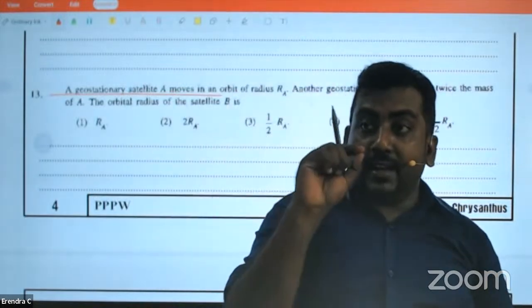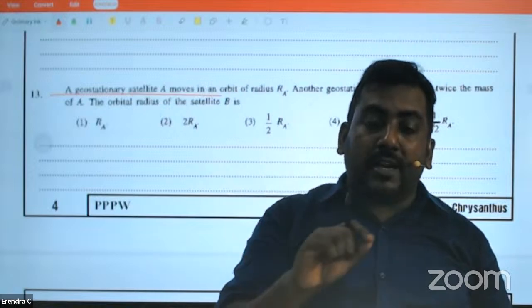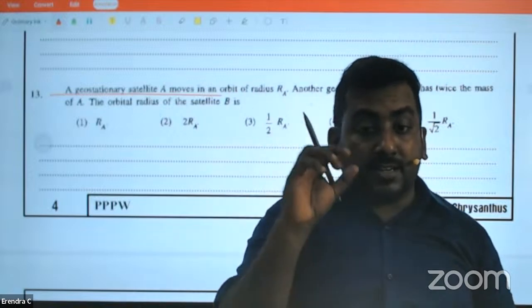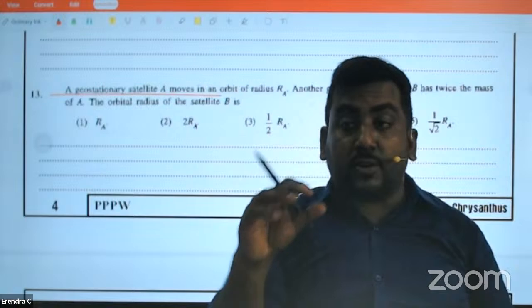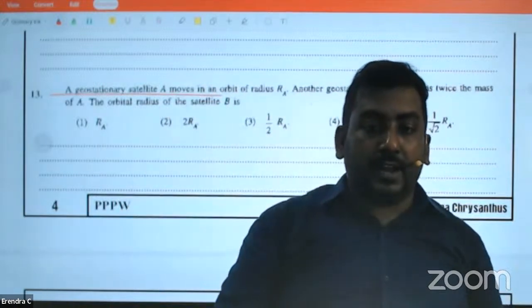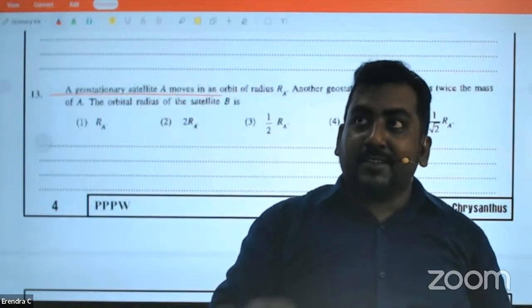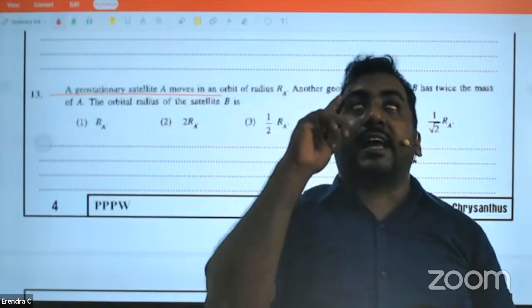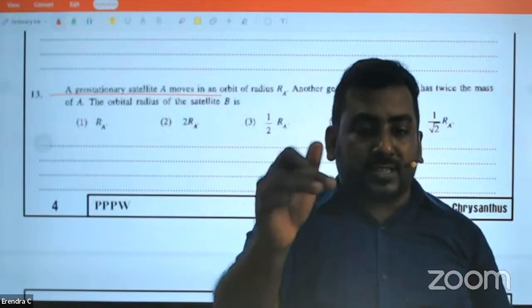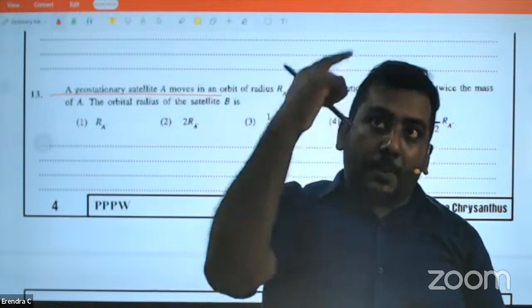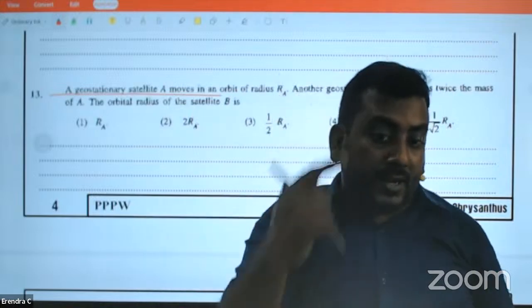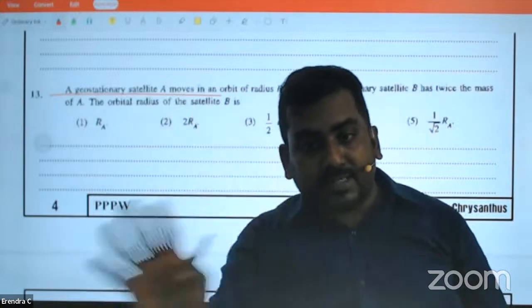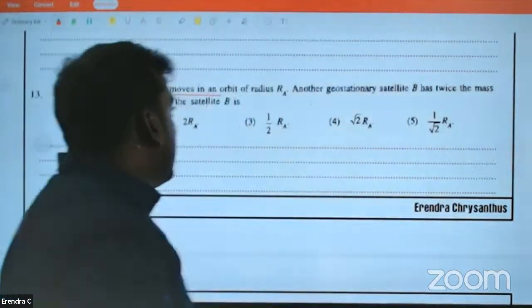Don't write that the satellite's periodic time equals Earth's periodic time. Geostationary satellites can be placed on any planet, not only on Earth. So with respect to a particular point, if a satellite seems to be at rest, it is a geostationary satellite. The periodic time of the satellite and of that planet are both the same. That's a different story. Right.